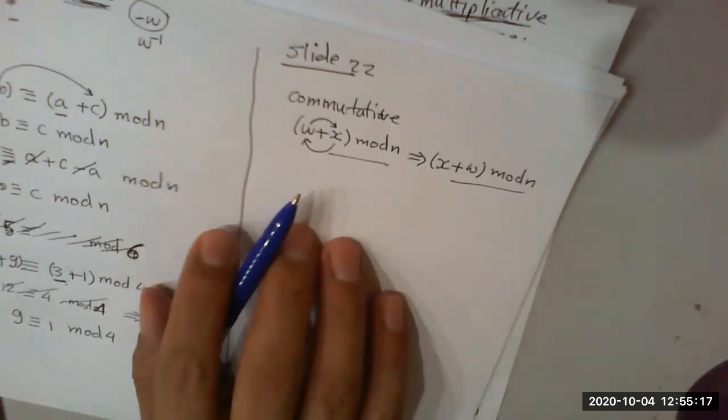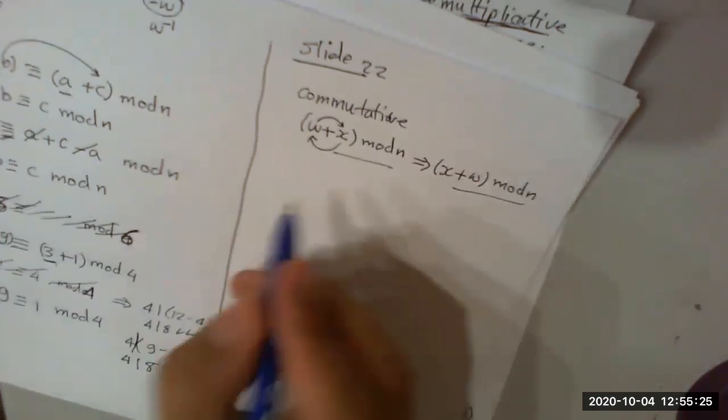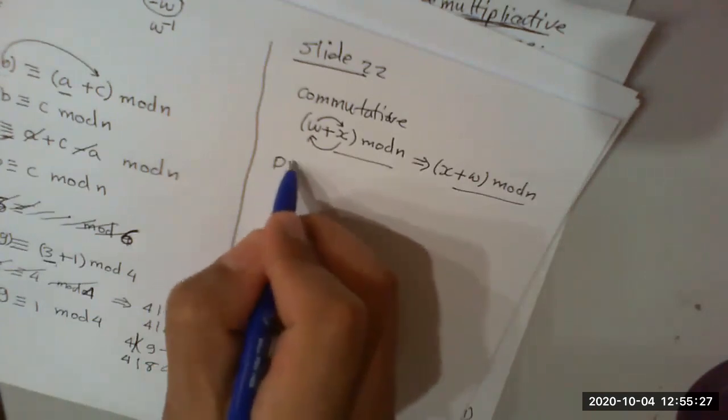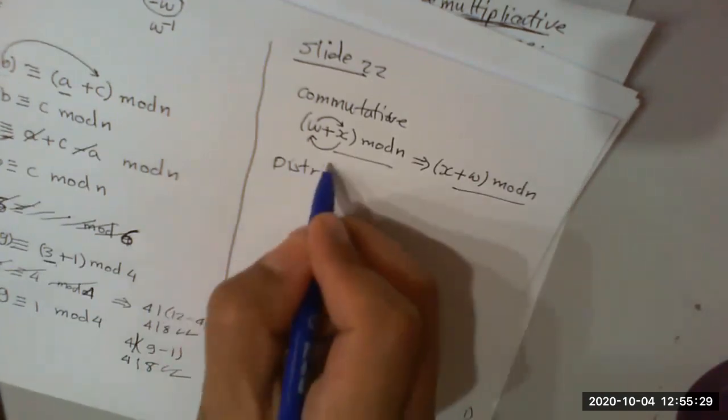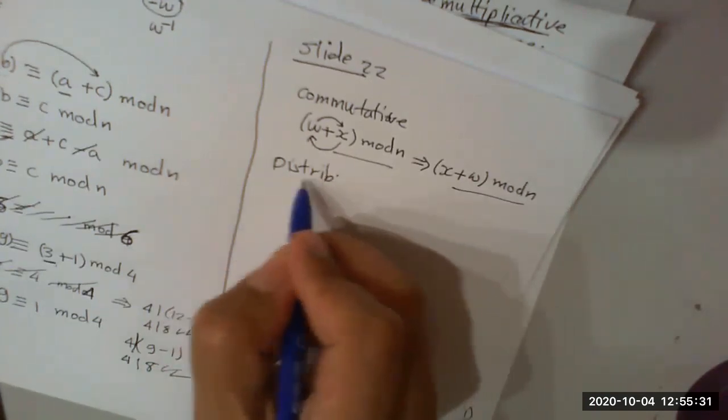This is commutative. And also the associative or distributive. You can see the others, they are very straightforward, no problem.